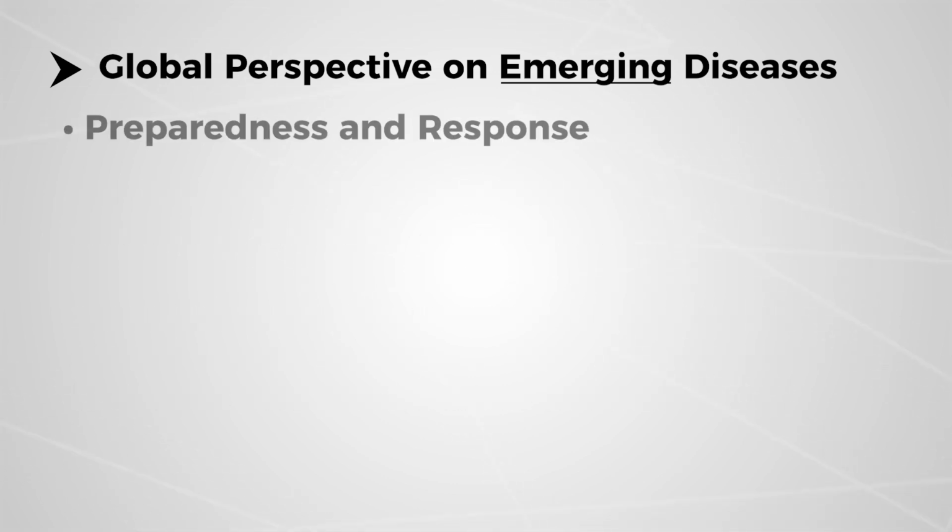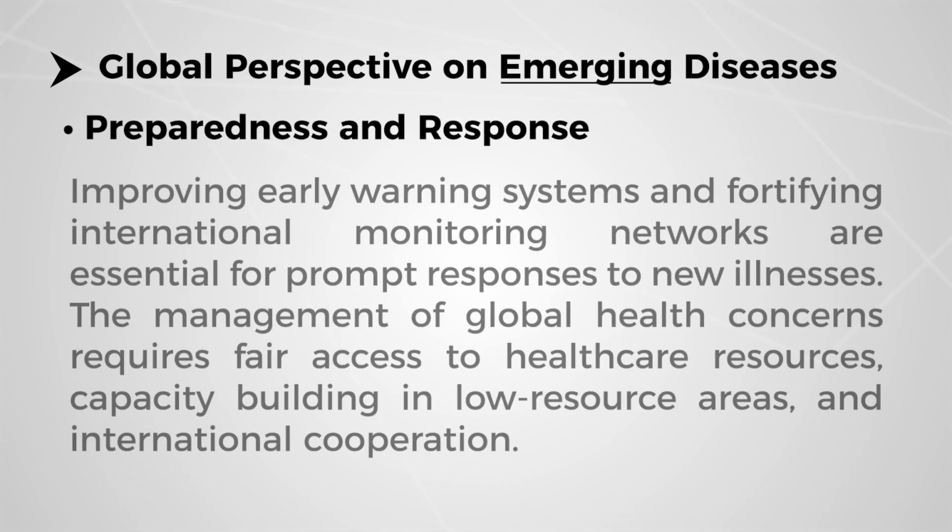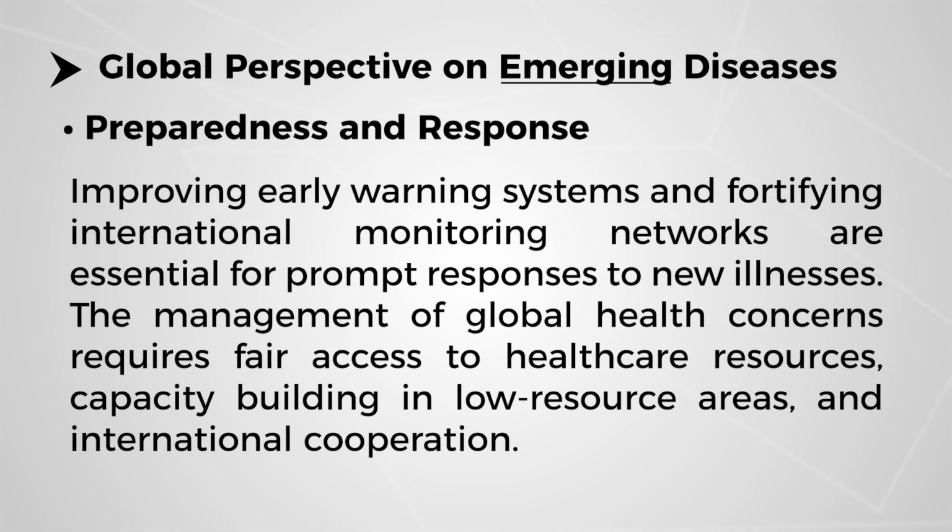Preparedness and response: improving early warning systems and strengthening international monitoring networks are essential for prompt response to a new illness. The management of global health concerns requires fair access to healthcare resources, like capacity building, so you have to be ready with medical systems and strengthen those working behind them in low resource areas, along with international cooperation.